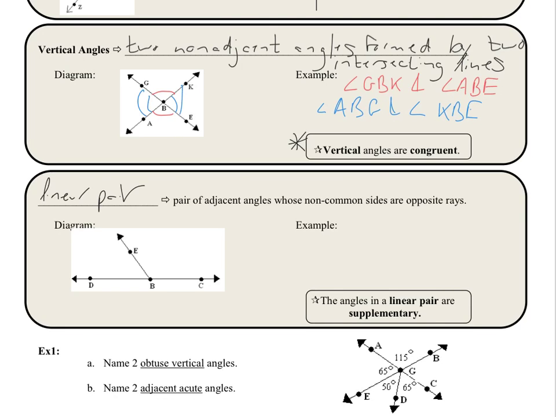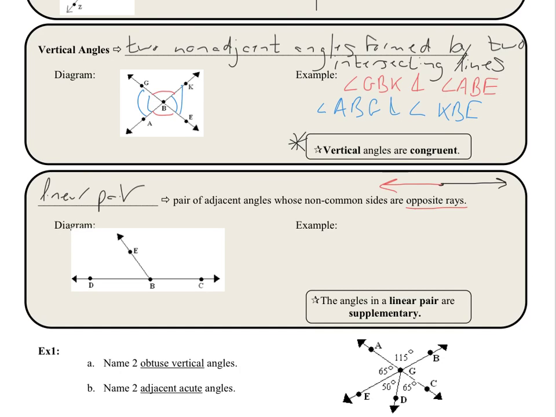So a linear pair is a pair of adjacent angles whose non-common sides are opposite rays. The big key word in this definition is opposite rays, which remember what we learned in 1.4. Opposite rays are rays that have a common endpoint that point in opposite directions. So it actually creates a line. So that's what opposite rays are.